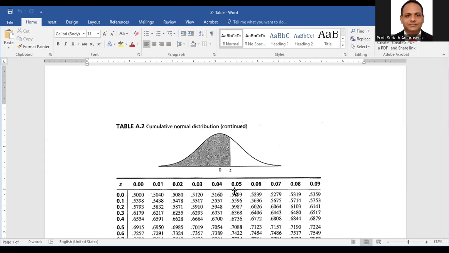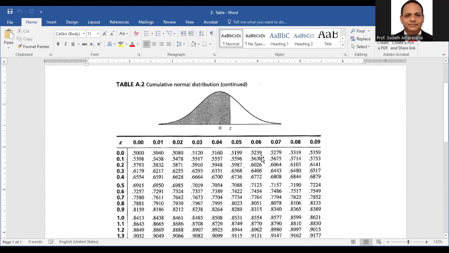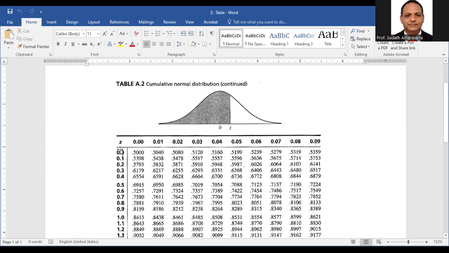Now we should find the value for 1.09. We need to get the value for 1.09 using the Z table. First, you need to consider the Z column. You can see this table, the Z column. What are the figures? First column, right? 0.0, 0.1, 0.2, 0.3 likewise.